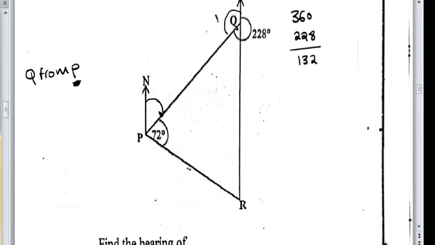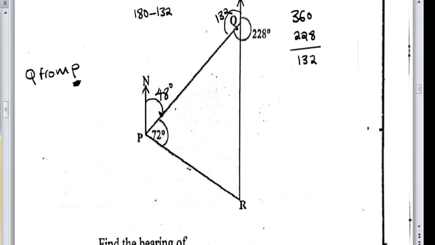So here I have 132. To find this one, I'm going to say 180 subtract 132, and we'll get 48 degrees.